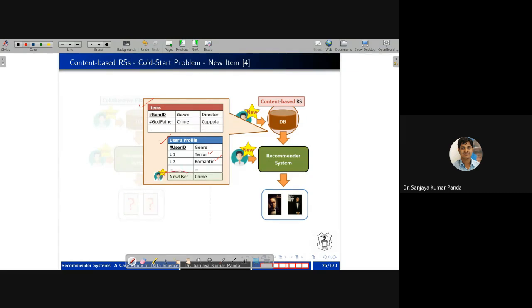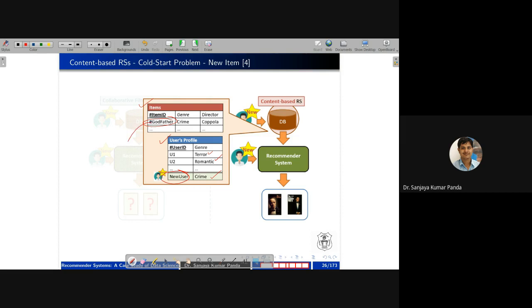So whenever a new user is enrolling into your system, you can ask the user what kind of movie they like. Suppose the user says, I like crime type movies. Then you can go to the item matrix and search for crime type movies. One crime type movie is Godfather, and you can select the crime type movies which are rated close to 5.